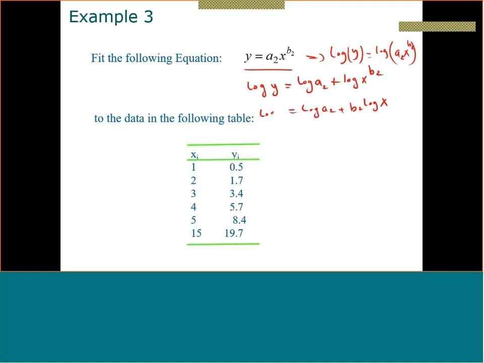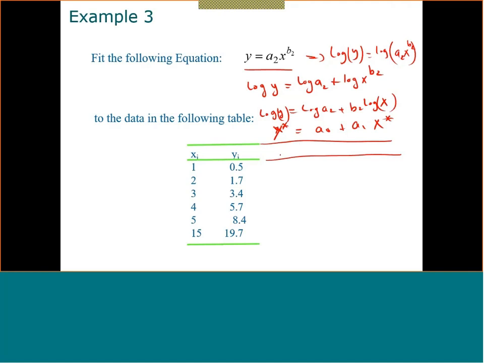So this is my y star equal to a0 plus a1 times x star. What I need to do here is expand this and calculate my x star. What is my x star? It is the log of x. I need to find my y star. This y star is also the log of y.